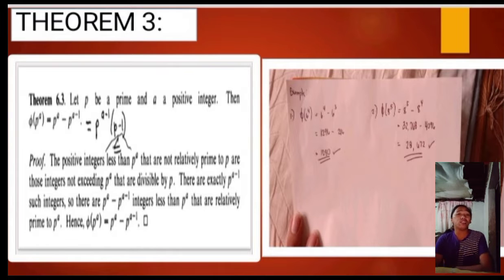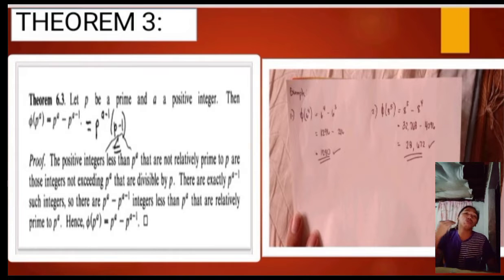So we have the example. Let our p be equal to 6 and our a be equal to 4. So phi of 6 raised to 4 is equal to 6 raised to 4 minus 6 raised to 3. This means we do not follow the rules of exponents here, which only let you subtract if the base is the same; you really need to compute the answer. 6 raised to 4, so 6 times 6 times 6 times 6 is equal to 1,296.